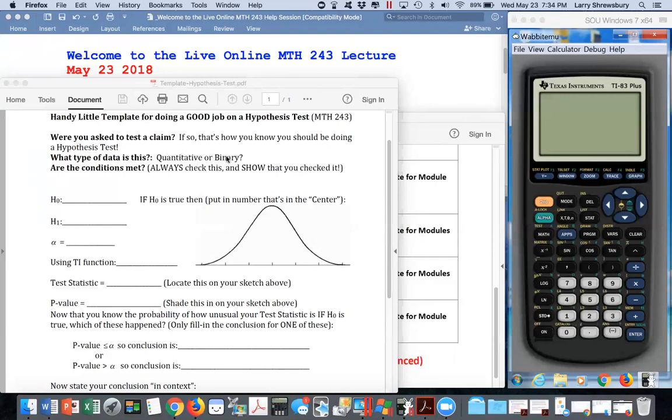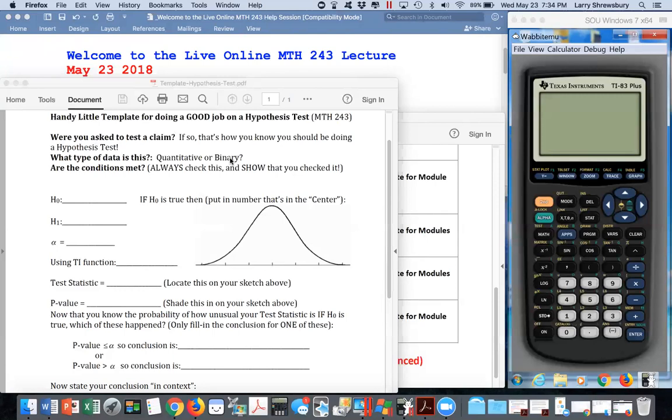Now, if it's binary data, it's entirely different conditions because it's entirely different data. For starters, you don't say if the population is normal because that doesn't make sense for binary data. The population of binary data has no shape, center, or spread. And we've talked about that before, particularly in chapter 8.2. So there's only one way to check the conditions for binary, and that's if the sample sizes are large enough.